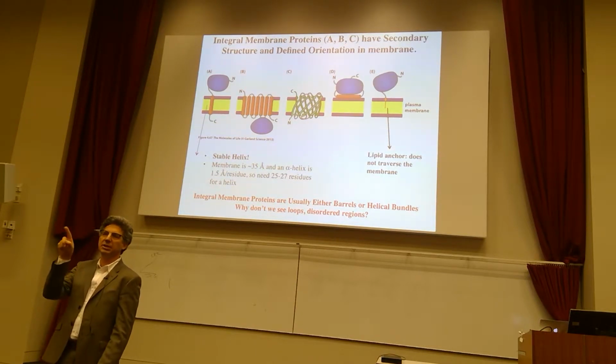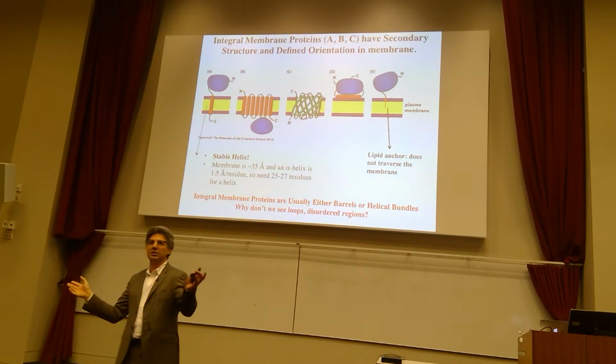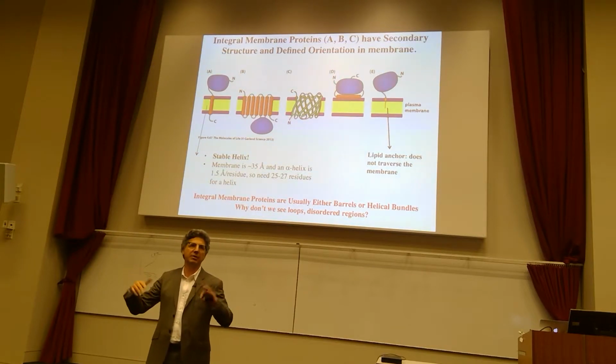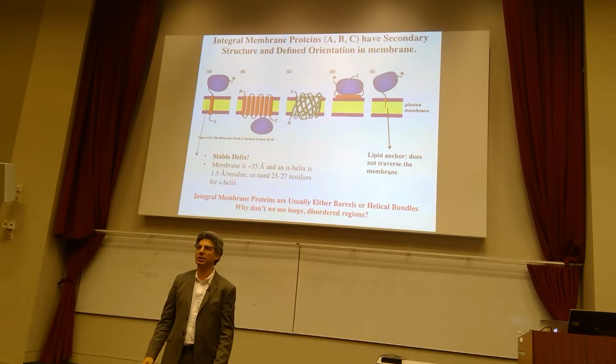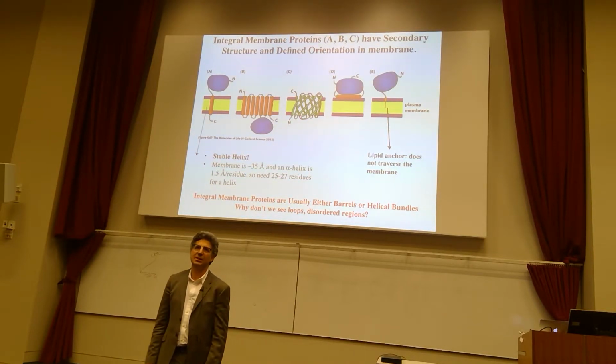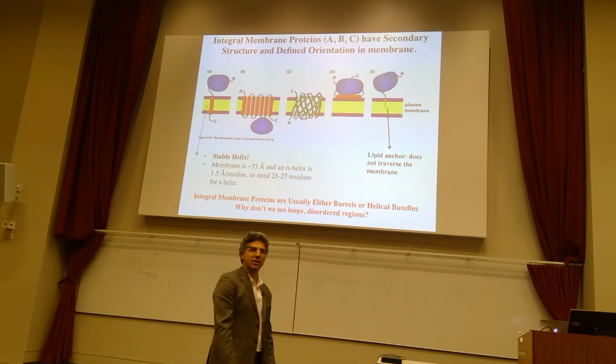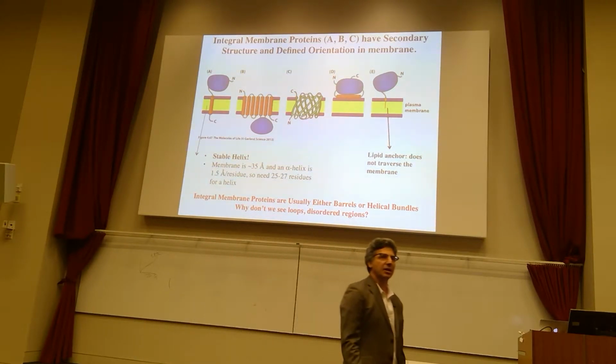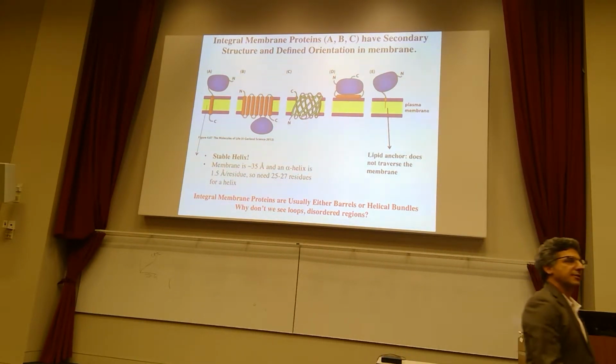A portion of the protein that's outside or inside has all these loops, ill-defined regions, maybe even some disordered regions. Any suggestions why? Think about the hydrogen bonding of these chains. Any notions about why that would drive this structure formation within the membrane?